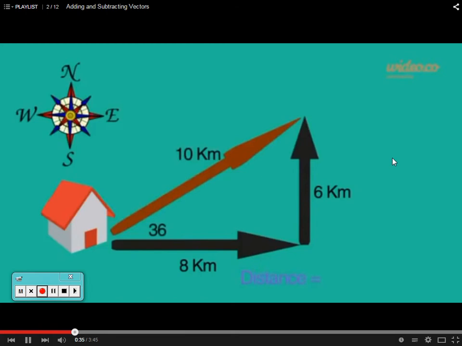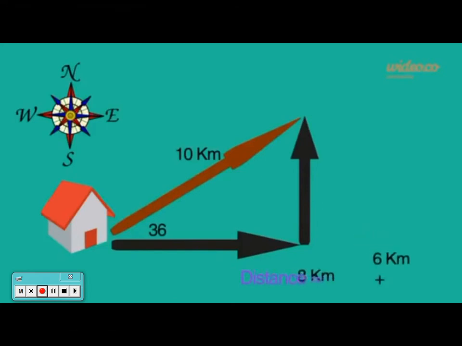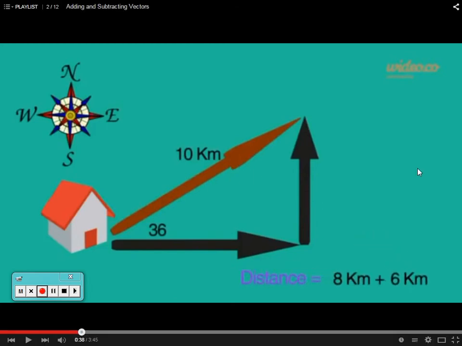So let's have a look at it. What's my distance? Robert, what's the definition of distance? How far you simply travel. That's it, there's nothing more than just how far you travel. So I've travelled 8 kilometres and then 6 kilometres, so I've travelled a distance of 14 kilometres.